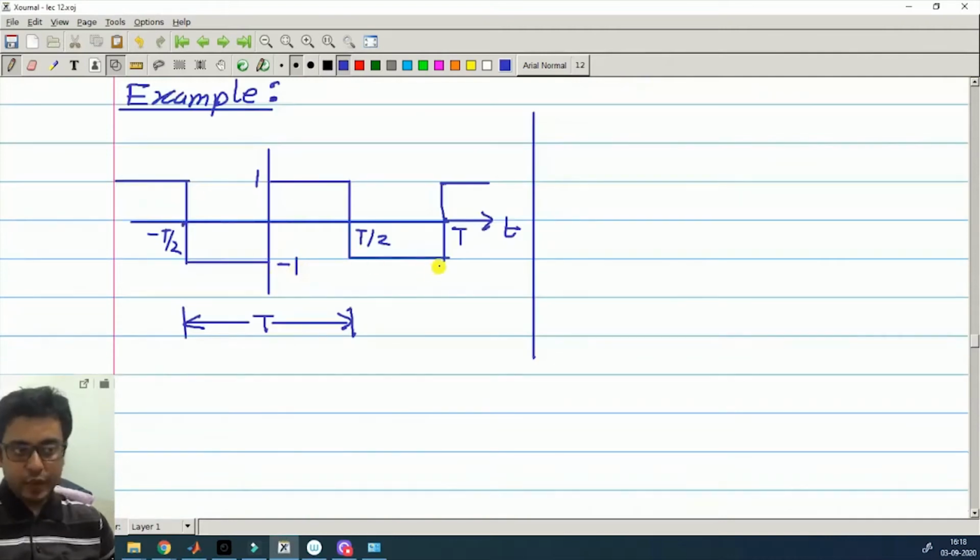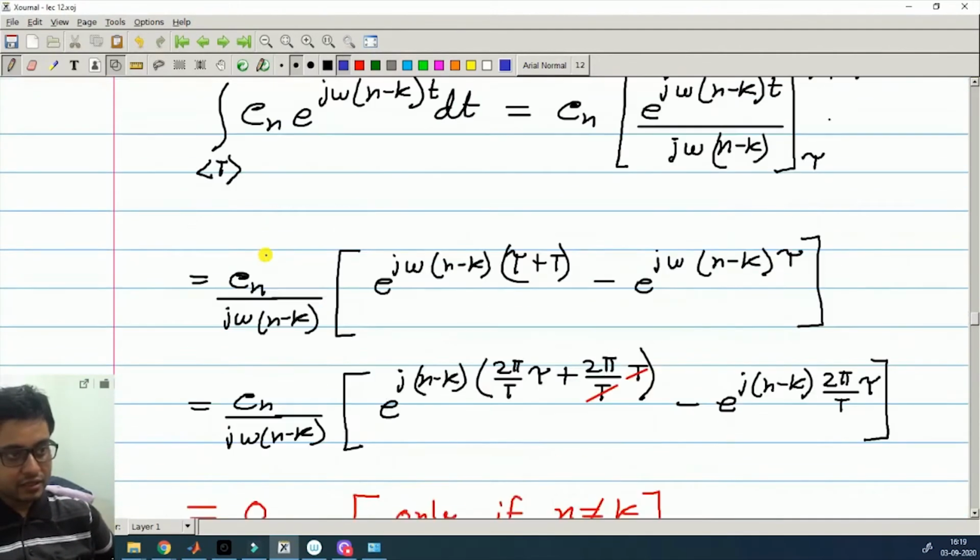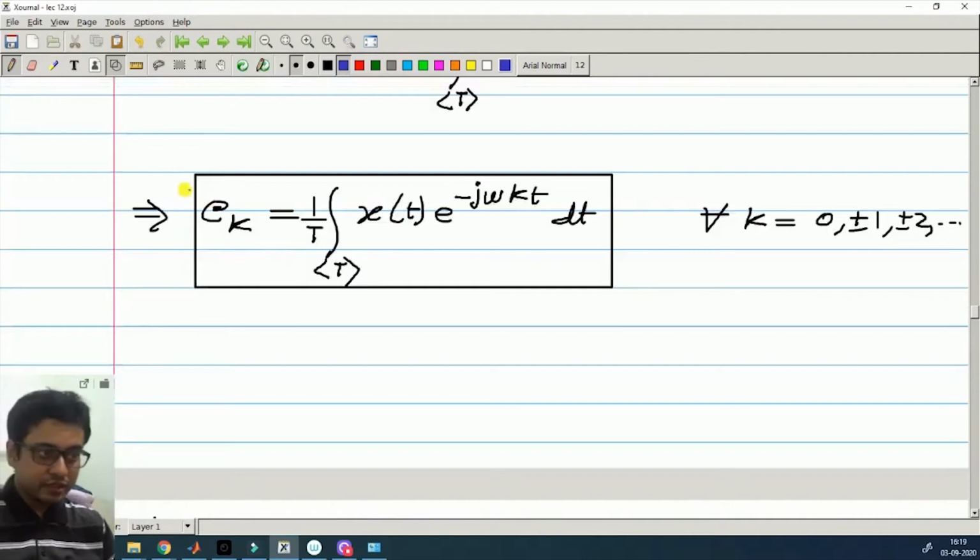Here is the square wave we saw yesterday with time period capital T and amplitude +1 -1, and now we want to write this square wave as a sum of complex exponentials. So we need to find the complex Fourier coefficients Cn, and for that we have derived the formula here.